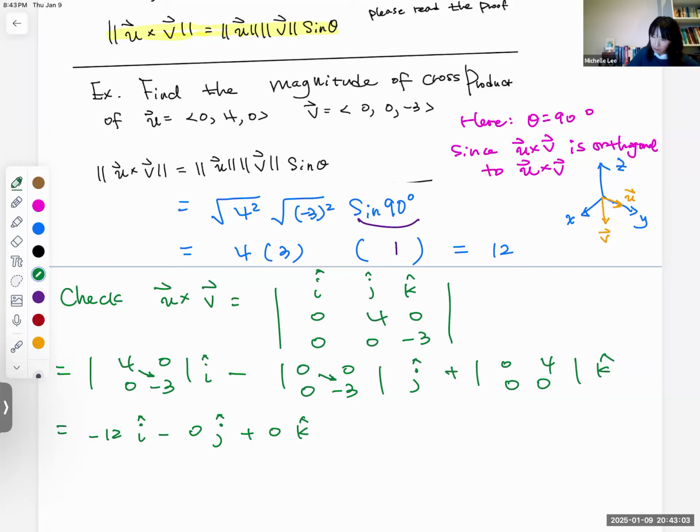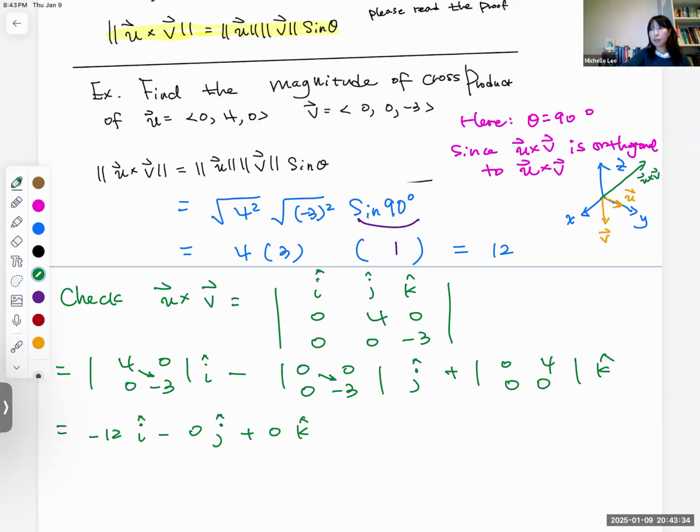So that will be U cross V. Yep. So it is perpendicular to U and perpendicular to V. Yep. Okay. Now, let me copy the other question here.